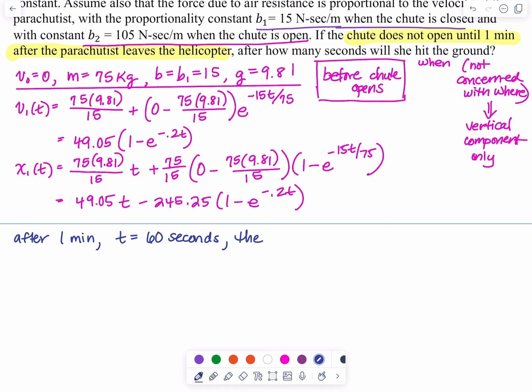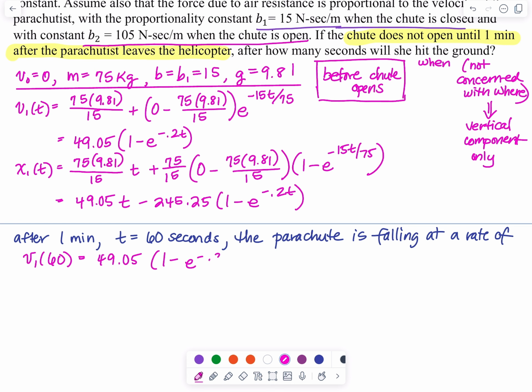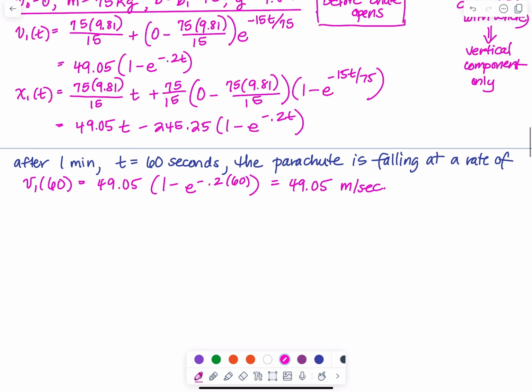The parachutist is falling at a rate of, so let's go ahead and plug 60 into v1, and that is 49.05 times 1 minus e to the negative 0.2 times 60, and that is equal to 49.05 meters per second.